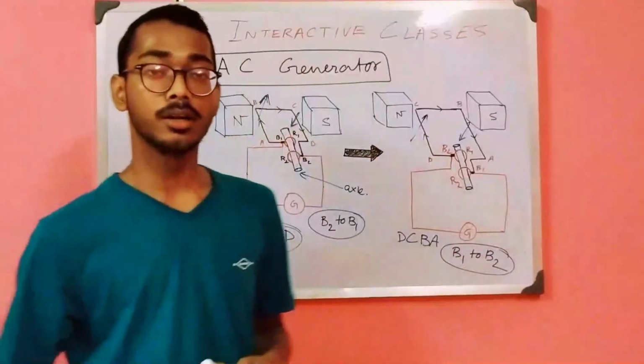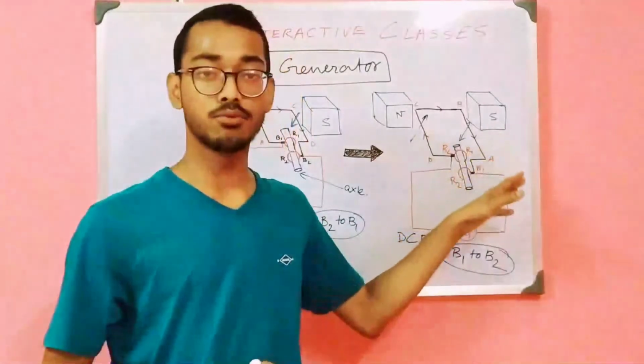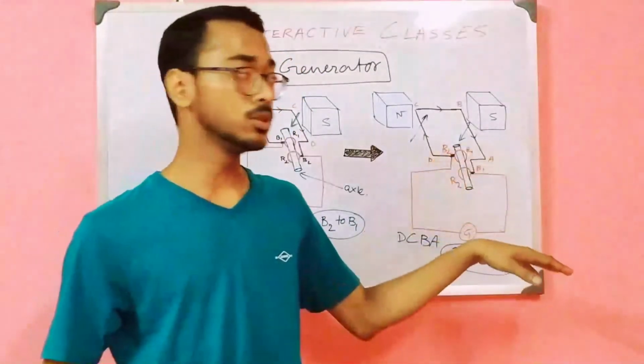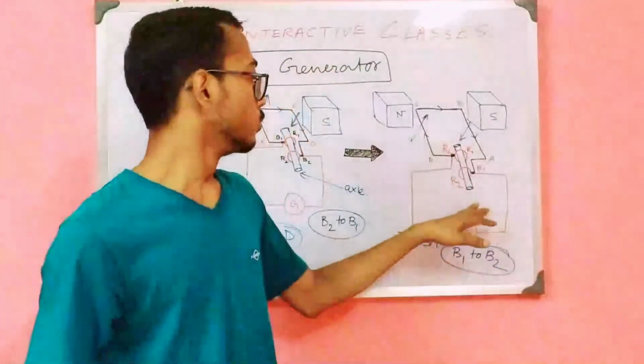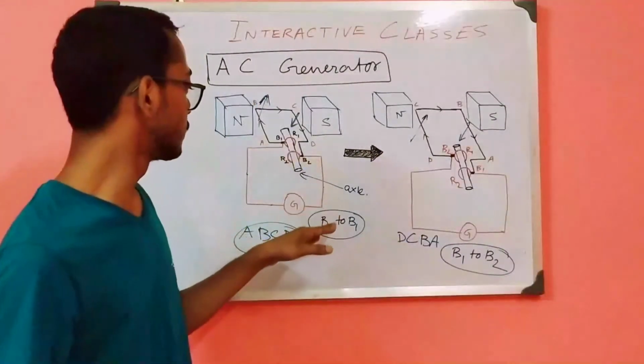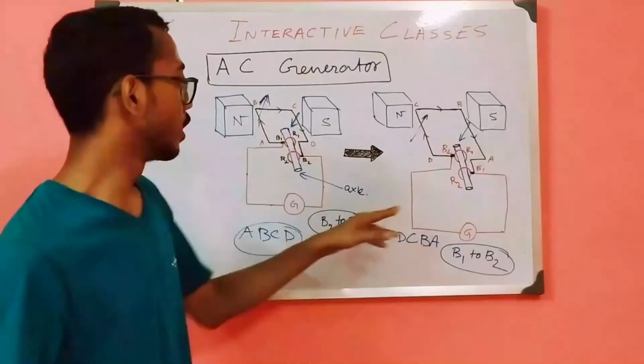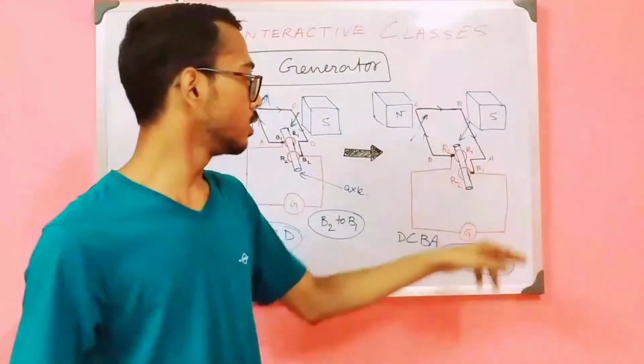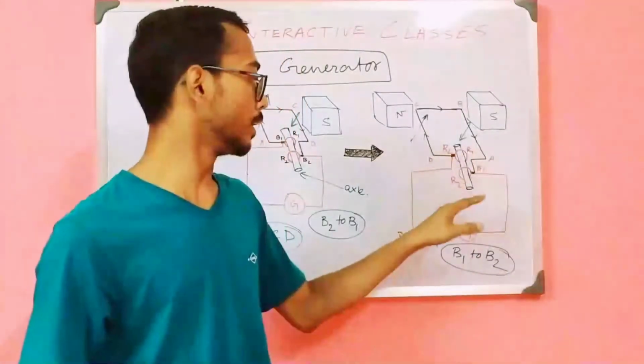That means after half rotation the current flows in the opposite direction with respect to the first half. From here we see the current is flowing from B2 to B1, and in this half we see the current is flowing from B1 to B2, right?